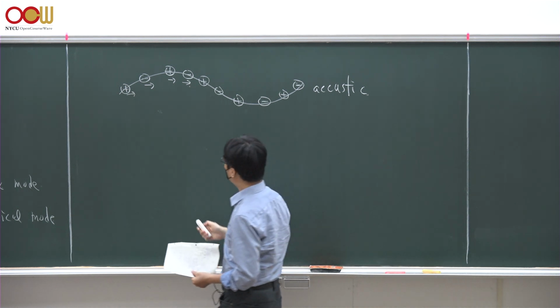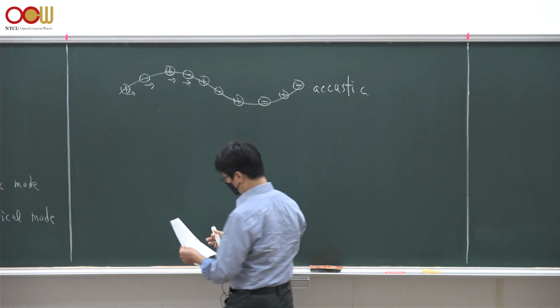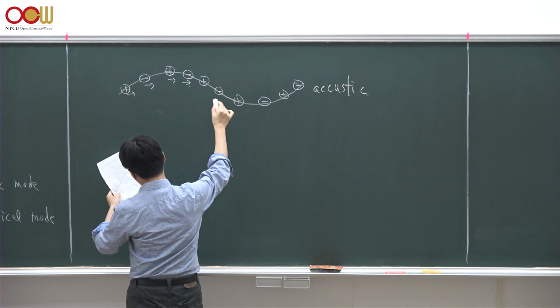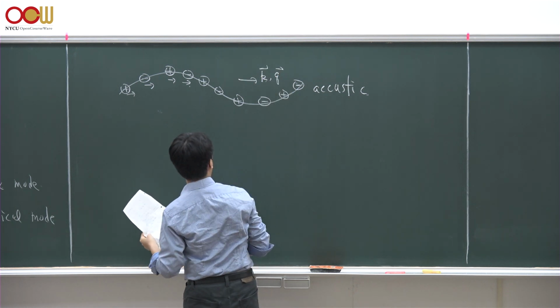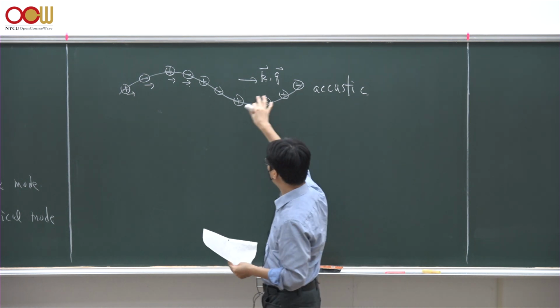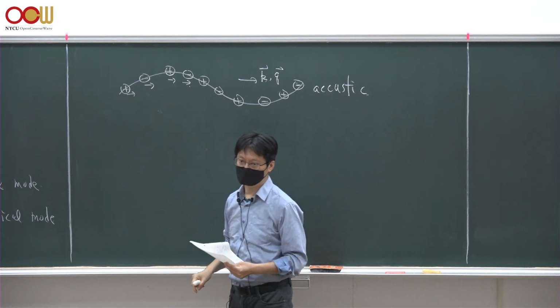But the wave propagation, the sound wave propagation, is along the same direction. Remember, this is the direction of K or Q, where Q refers to the wave propagation. So this wave propagation is along the same direction as the lattice vibration.